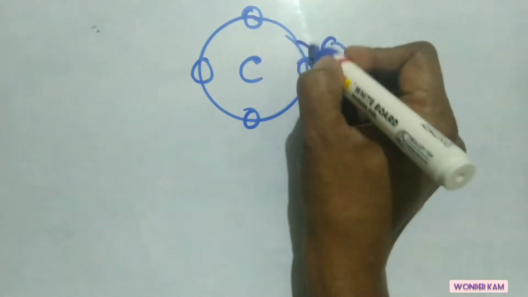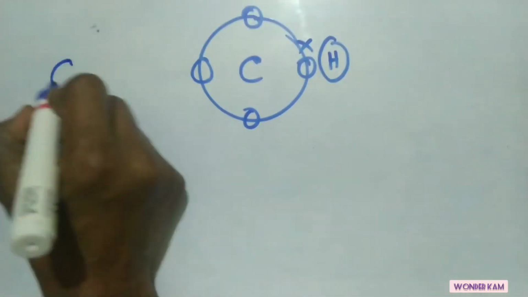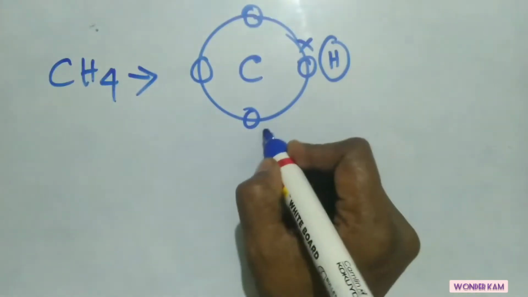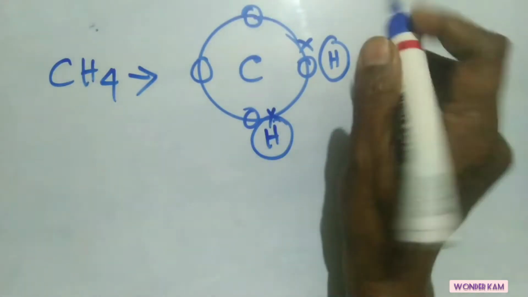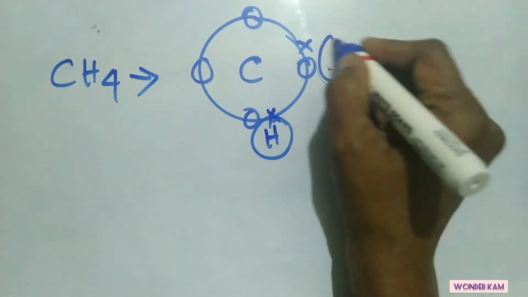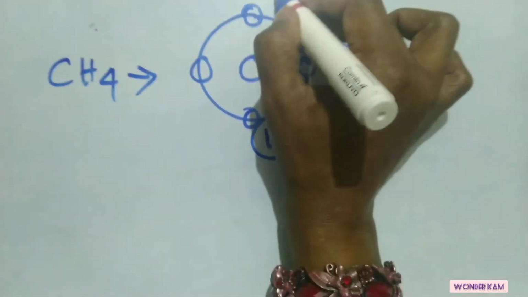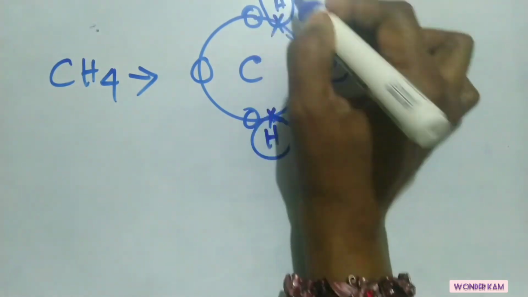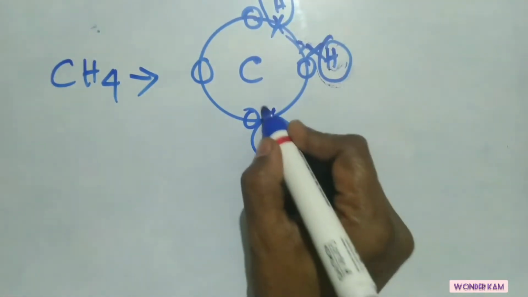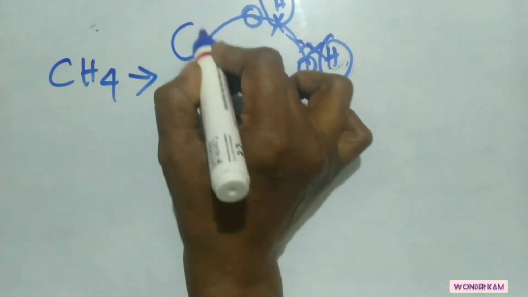Suppose we discuss methane, how it forms. Hydrogen has only 1 electron, so both hydrogen and carbon share it. This is for hydrogen, then another hydrogen, with the cross for the electron of hydrogen, and this is one more hydrogen.